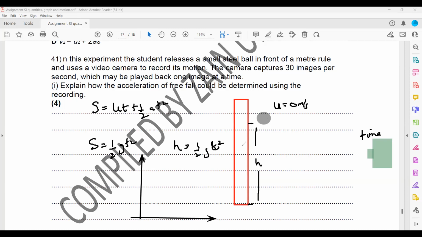We'll drop this object from different heights, and the time it takes to fall will also change. We'll plot a graph with height on the y-axis and t square on the x-axis. It will be a straight line because it's half g. So the gradient of this line will be equal to g by 2. So if I need the expression for gravity, it will be twice the gradient.